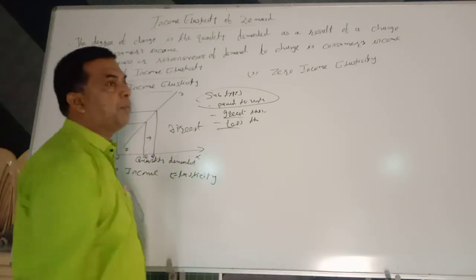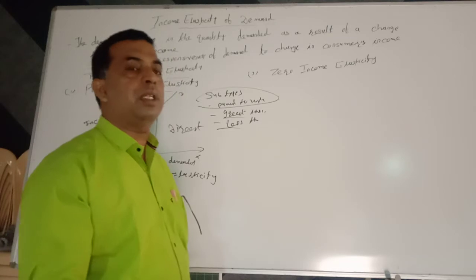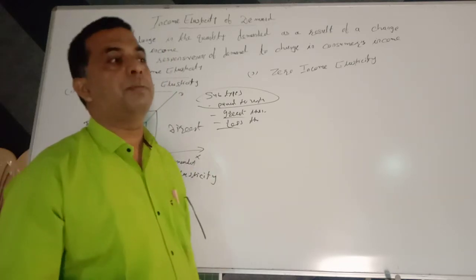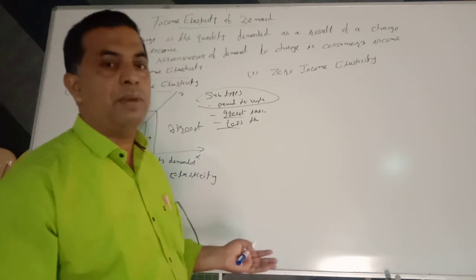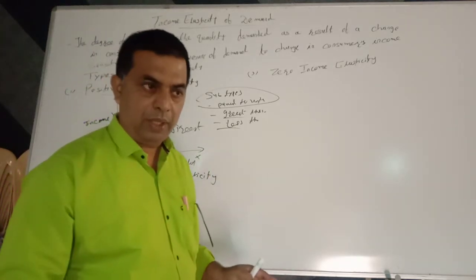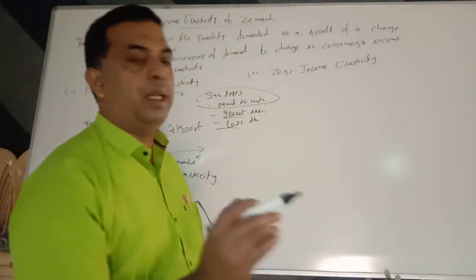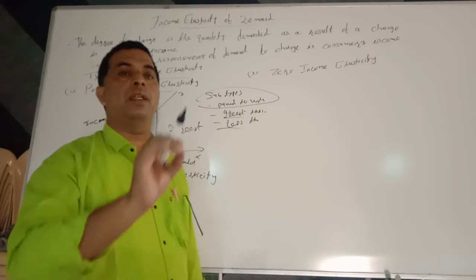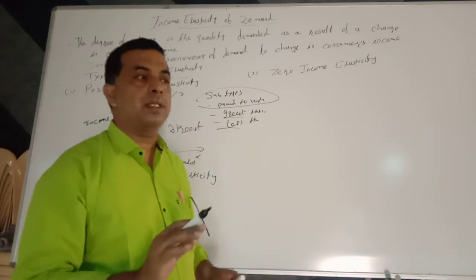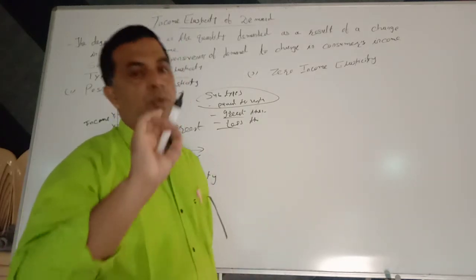And less than: when proportionate change in demand is less than proportionate change in income, what can we say? That income elasticity is less than unity. Suppose consumer's income increases by 10% and demand for the product increases by 5%, 7%. This is an example of less than unity.